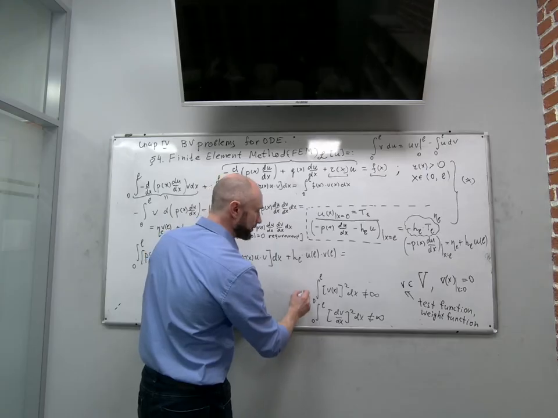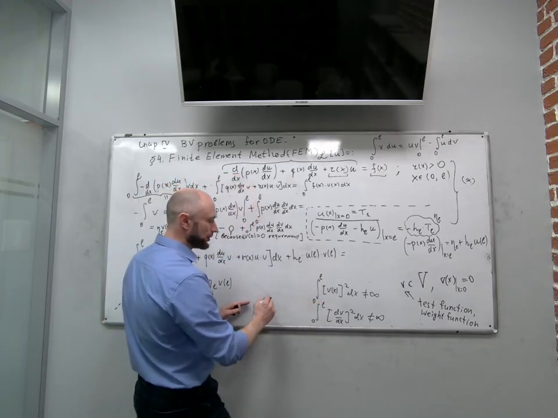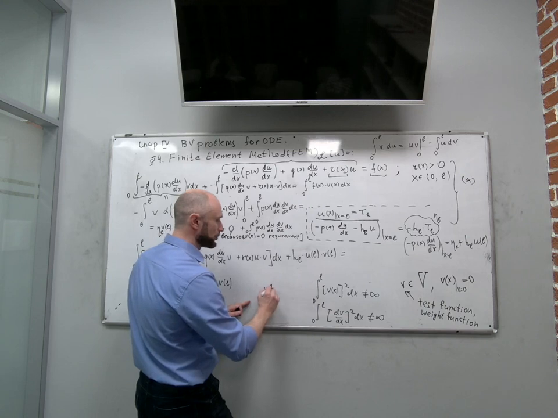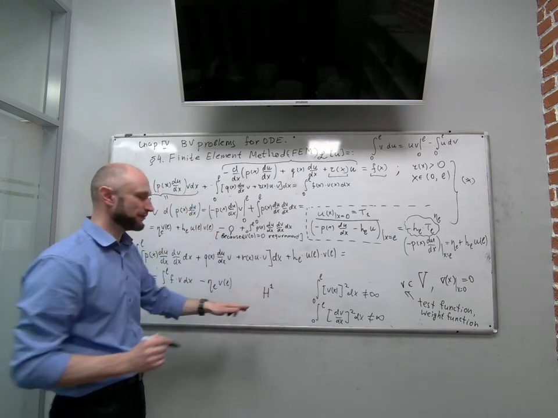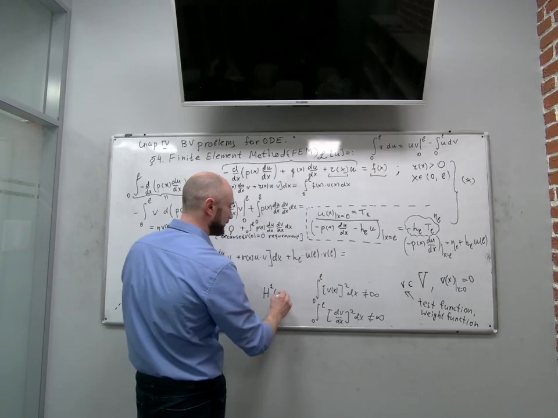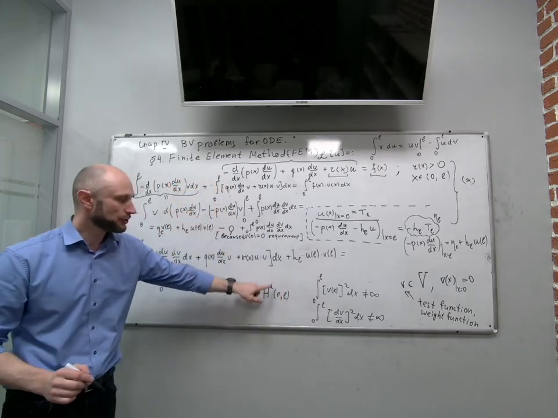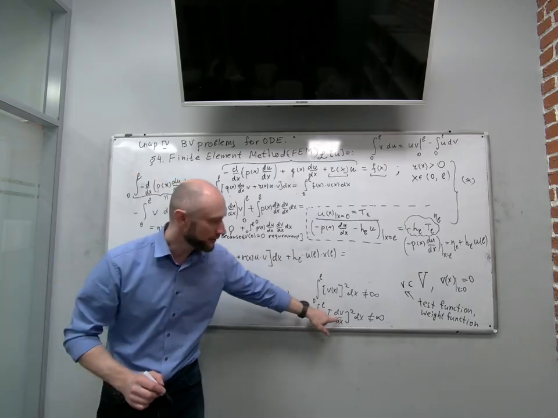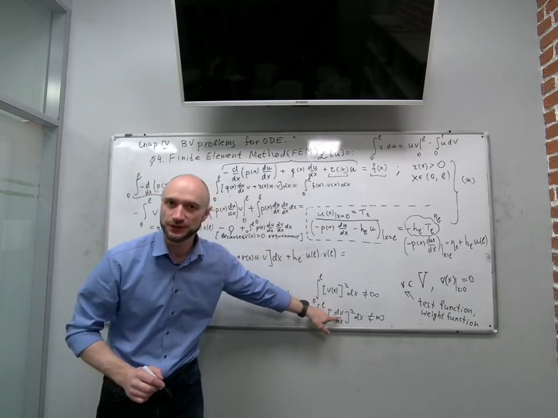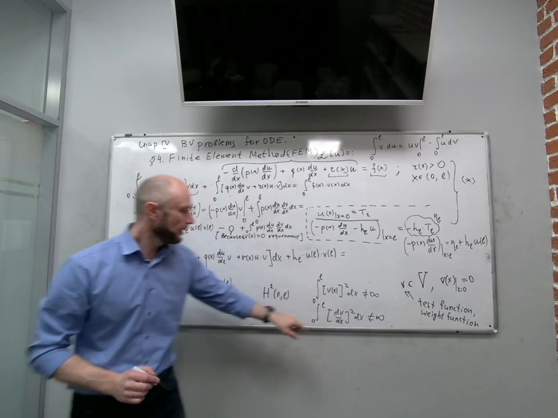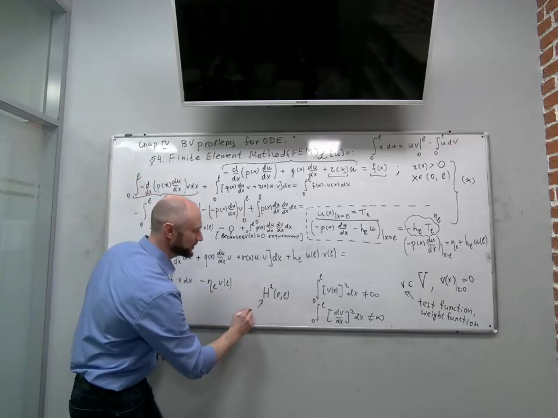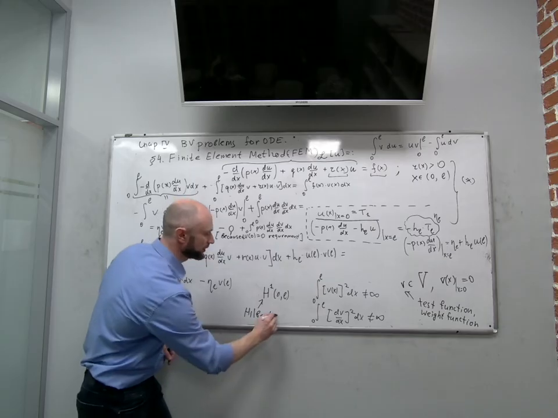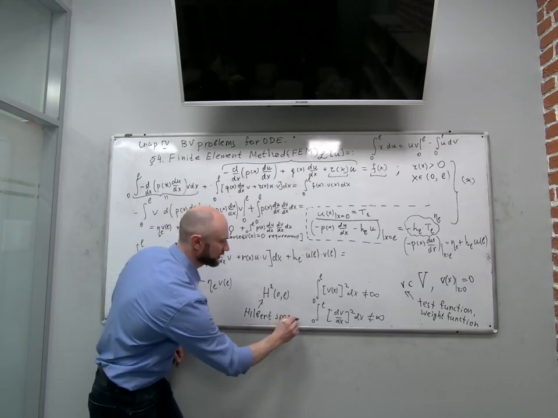Such functions that satisfy these two conditions, this functional space of such functions is usually denoted like this, H1 on (0, L). 1 here means that we request the first derivative to exist. H here means that it should be a Hilbert space. What is Hilbert space?